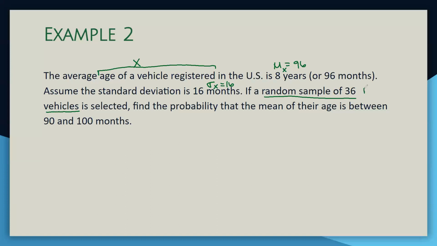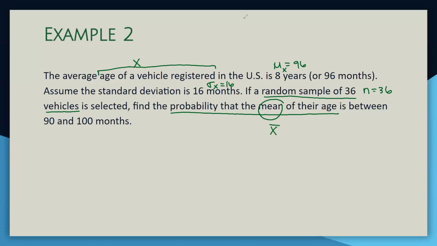So they're giving us a sample size of 36, and they're asking us to find the probability that their mean age is between 90 and 100 months, meaning they're asking us about that sample mean X bar, not an individual vehicle.